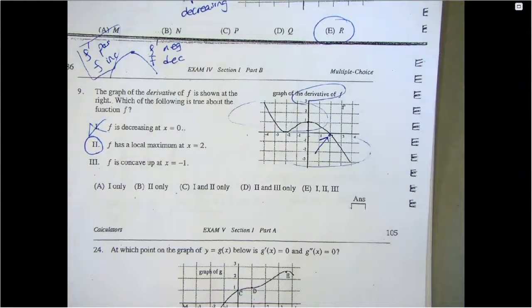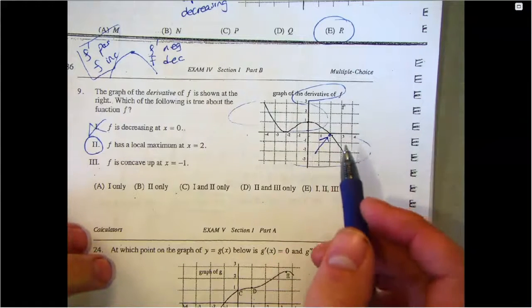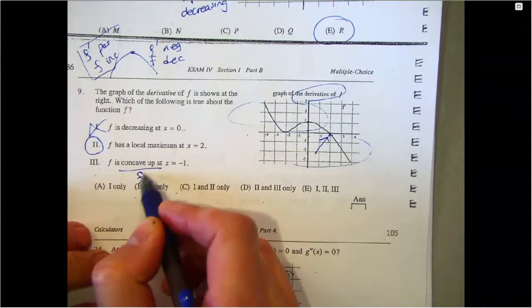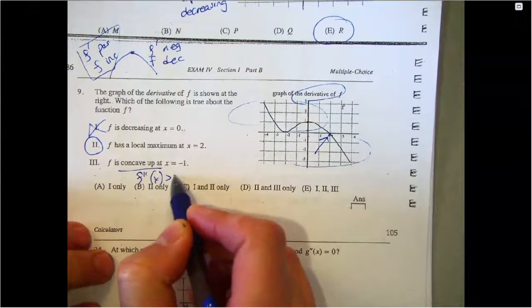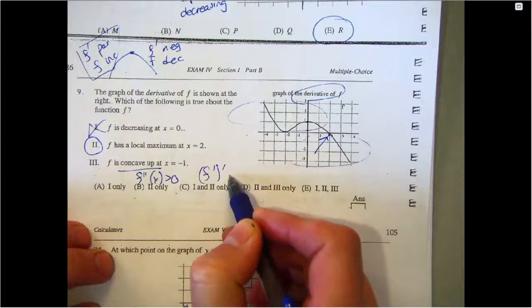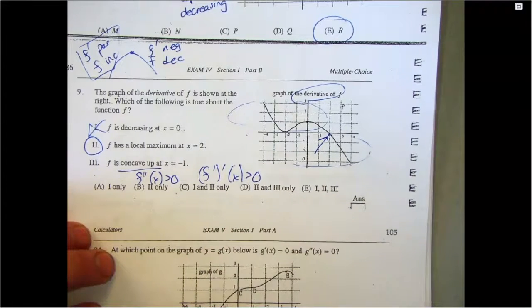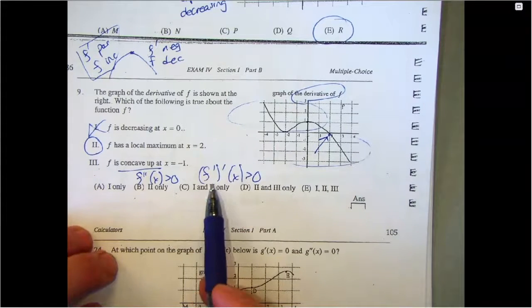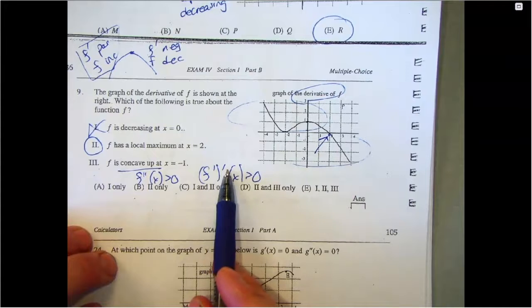And f is concave up at x equals negative 1. So concave up means f double prime is positive, which means the derivative of the derivative is positive. That's not really the way I'd write it, but the derivative of the derivative is the second derivative.